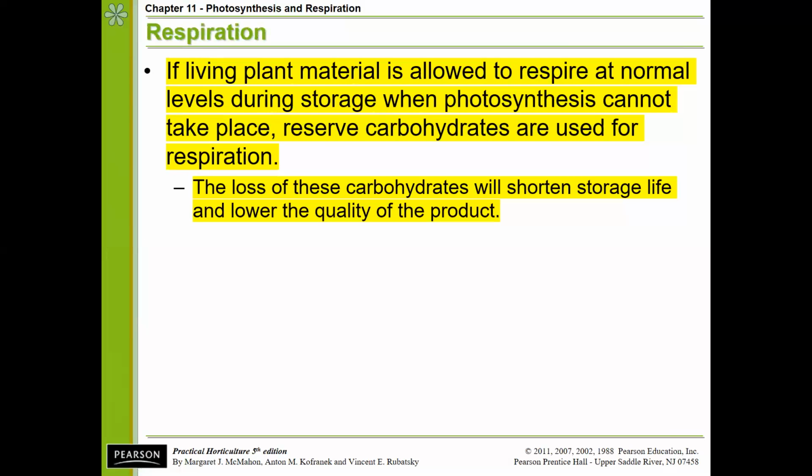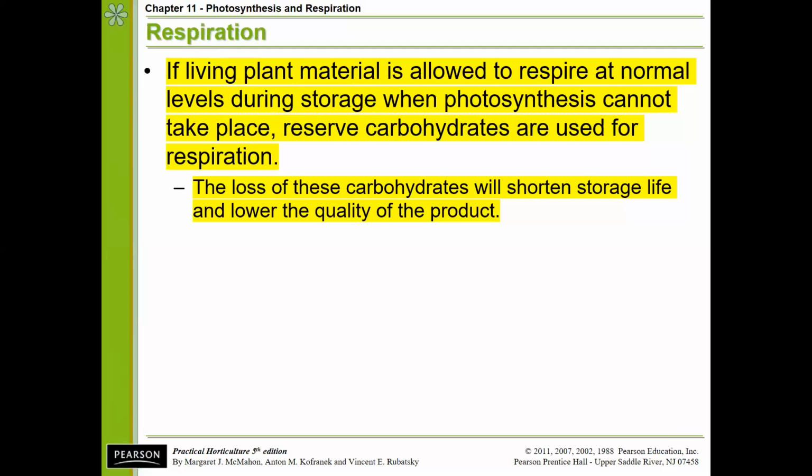Of course, respiration continues to occur after plant materials are harvested. We can see that, for instance, in tomatoes ripening after they're harvested. Often we harvest green tomatoes and then they continue to respire.